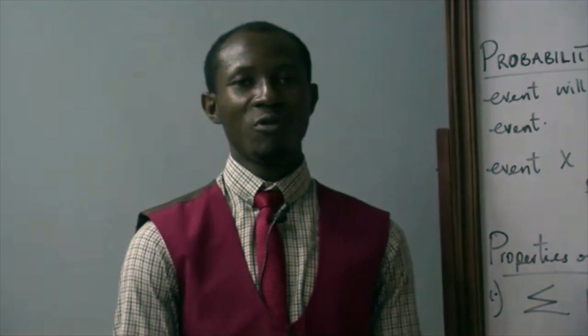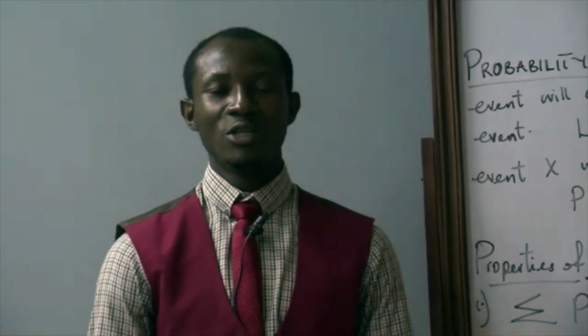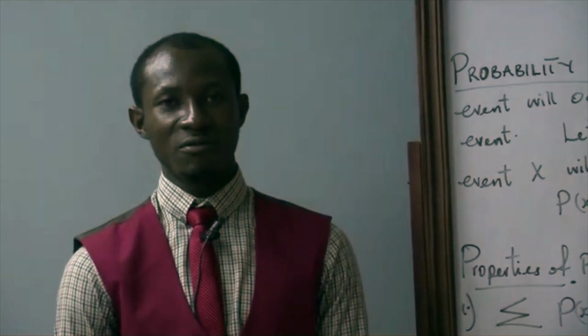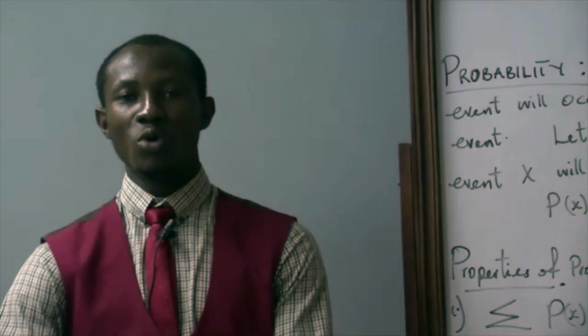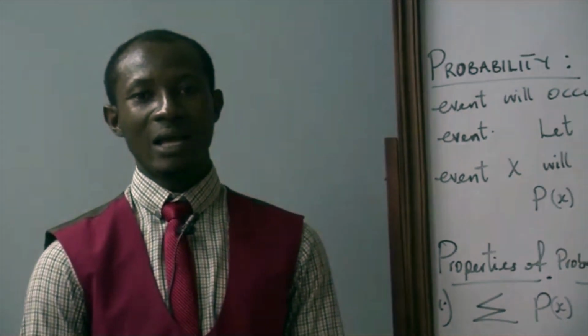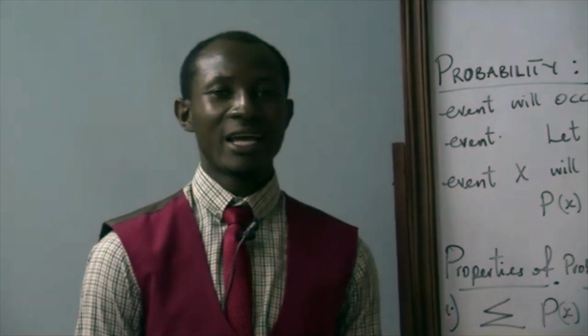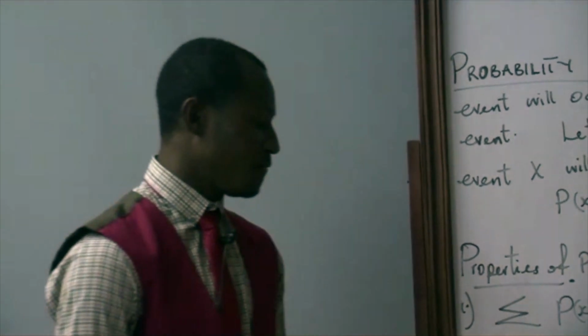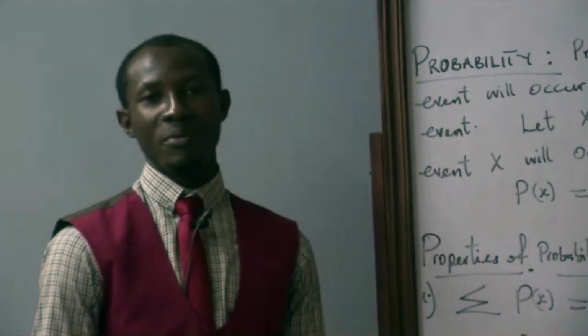It is not possible for me to be doing the 2 at a time. So in this case, the 2 events are mutually exclusive. The event of washing the clothes and also sweeping the floor. That means I have to leave one for the other. So in cases like this, most of the time, in fact, mutually exclusive events lead us to addition of probability.